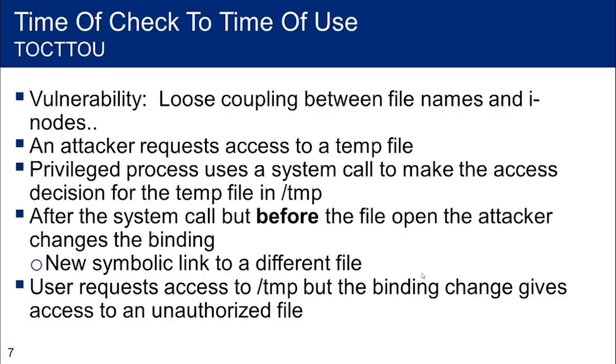If an attacker replaces /temp/x after the call to the function access, but before calling fopen, with a symbolic link to a different file, the trusted process will open the file even if it is a file that the attacker would otherwise be unable to access. A reminder, a symbolic link is a reference to another file as an absolute path, which affects path name resolution.